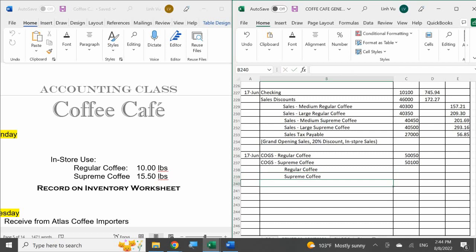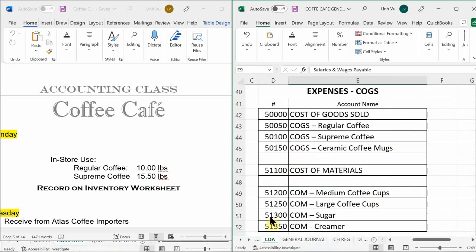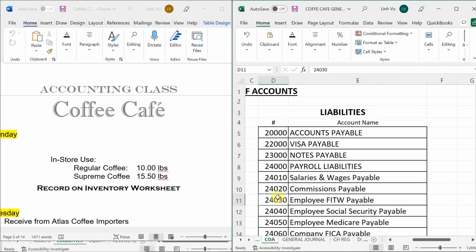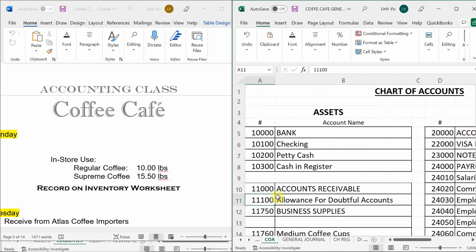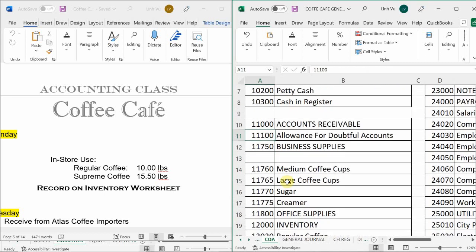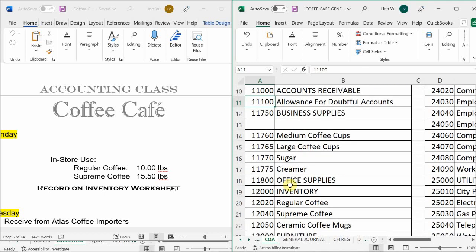Okay? So again, let's take a look at what those numbers are. Okay, so my inventory. Supreme coffee, regular coffee is $12.20 and my Supreme is $12.40.